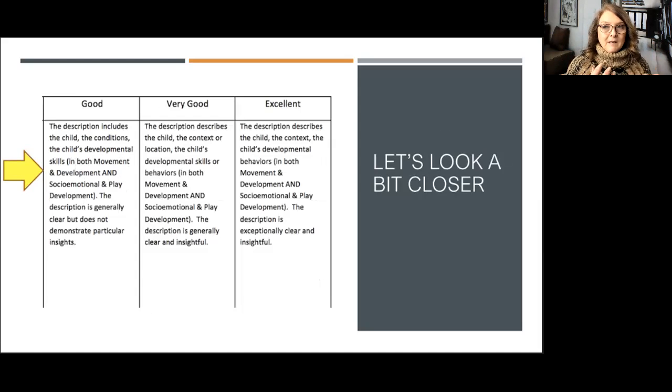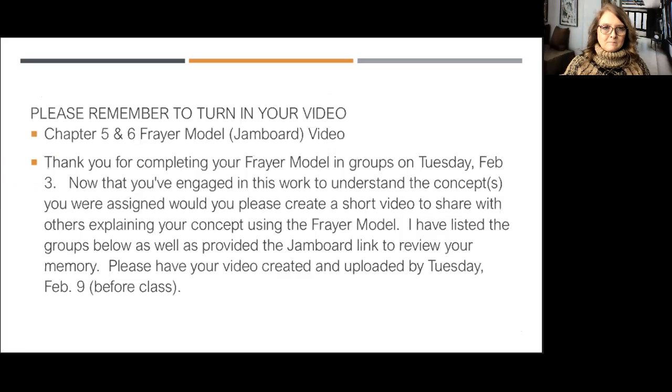But if you want to earn a score of good, very good, or excellent, you must talk about the child in both movement and development and social emotional play. So you need to use both sets of those checklists. However, you don't have to fill out the whole thing, because you'll see it says from 1 to 2, 2 to 3, 3 to 4. Don't worry about that.